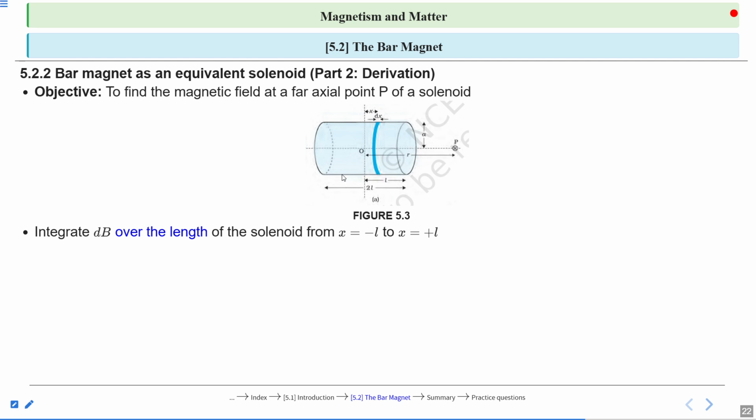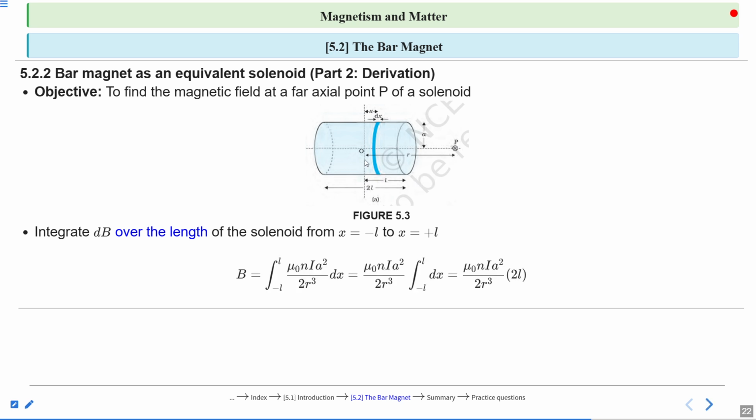So the length of the solenoid on the left hand side of this center O is taken as minus L, and the length of the solenoid towards the positive x-axis, if we consider O as origin, is taken as L. So we are integrating dB over the total length of the solenoid from minus L to plus L. Okay, over the whole solenoid, over the whole length. L minus minus L is 2L. So from this end at minus L to this end at plus L.